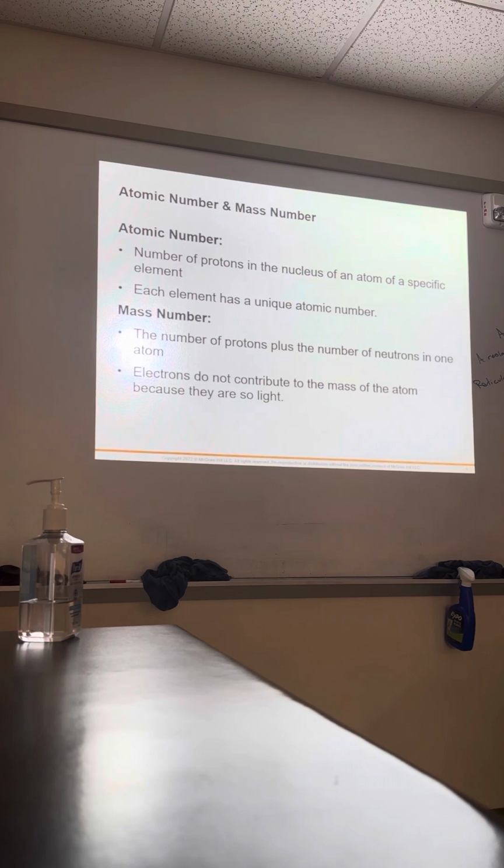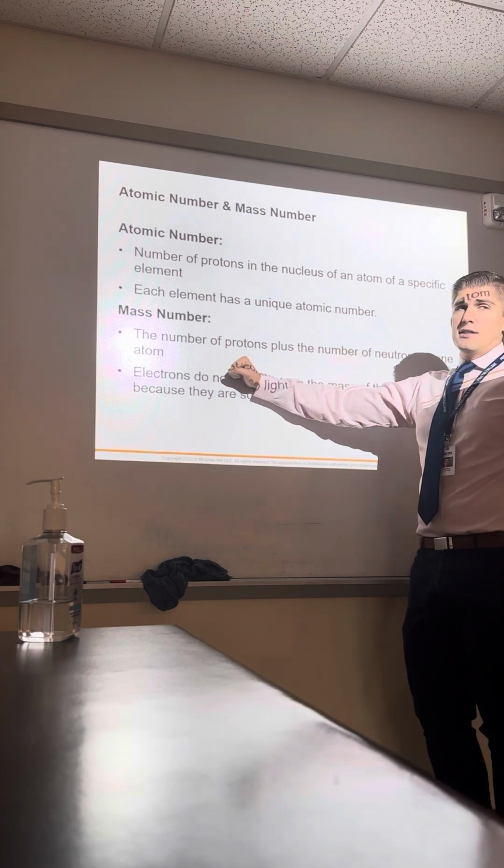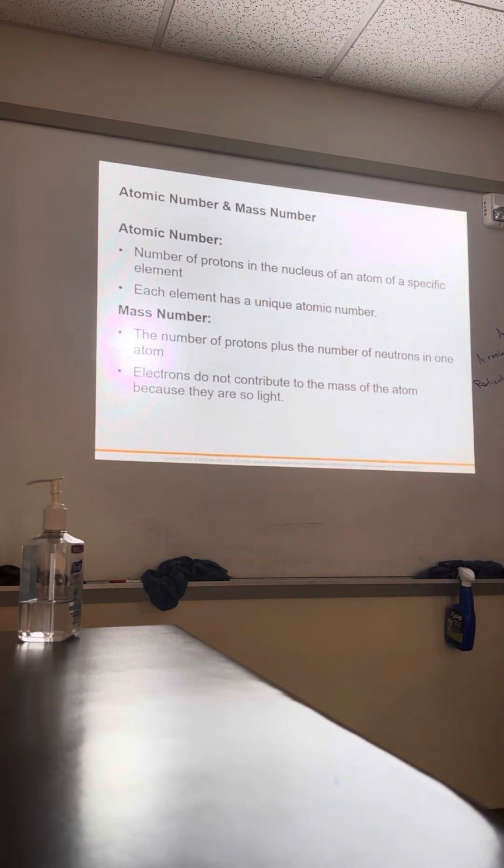Good. So atomic number is the number of protons. The mass number is the number of protons and neutrons together. So if you add the number of protons plus the number of neutrons in one atom, then it's usually roughly double the atomic number. Okay?